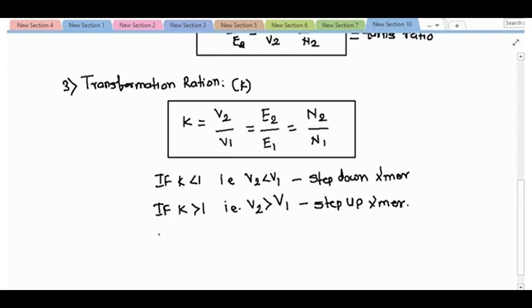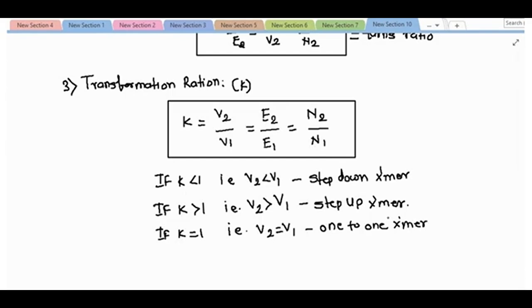Then the third type of transformer, if K equals 1, that is V2 is equal to V1, such a transformer is called a 1-to-1 transformer. Such a transformer transfers electrical energy from one circuit to another circuit without any change in the voltage and its frequency also.